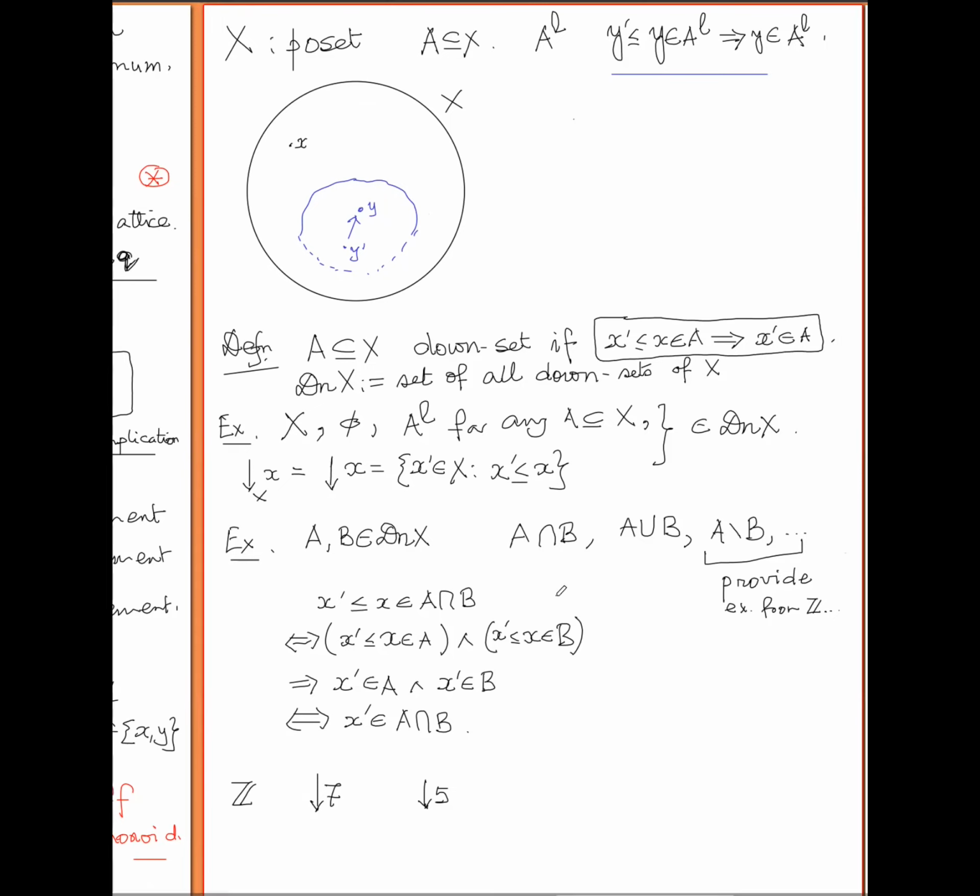Yes, but then we have first to show that A union B is also a downset. Is it true? To do that, you should observe that this AND can be easily replaced by OR, right?